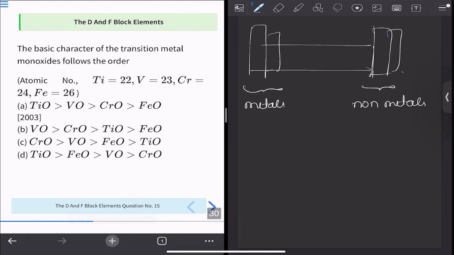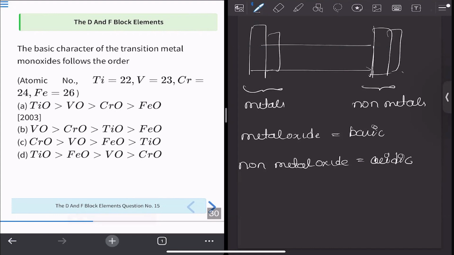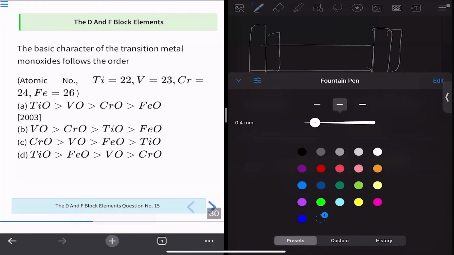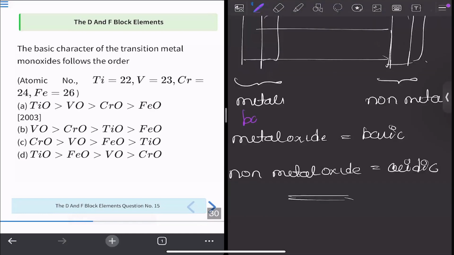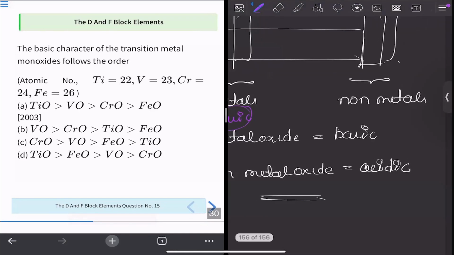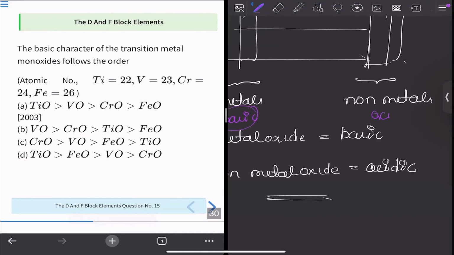Okay. So we know that metal oxides are basic, and non-metal oxides are acidic. So here there are basic oxides, and here there are acidic oxides.